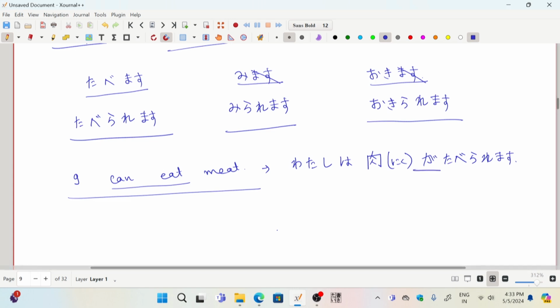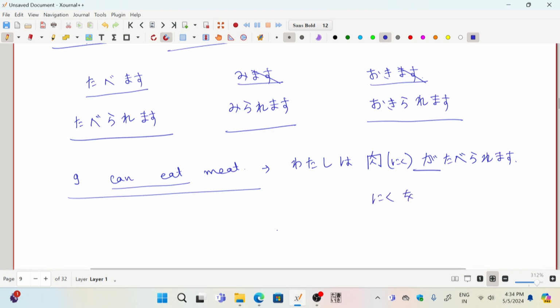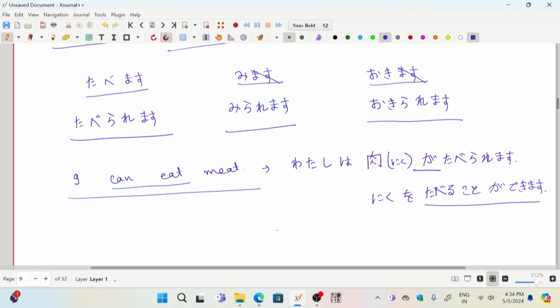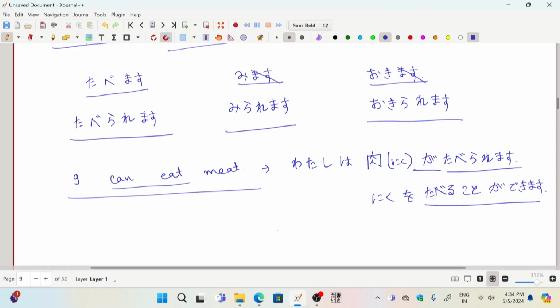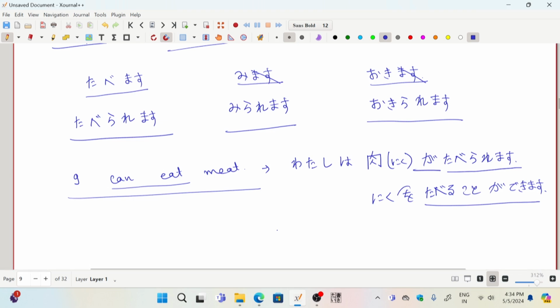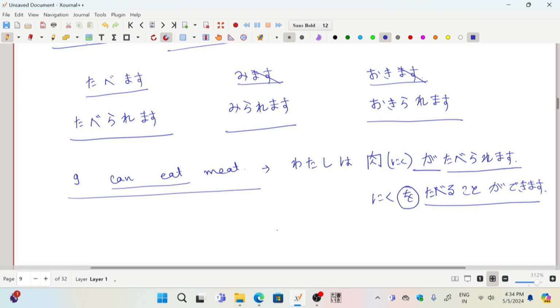Here, instead of this, we could have used niku o taberu koto ga dekimasu. Instead of writing that, we have written taberaremasu. And what has changed is that the o particle has changed into the ga particle.